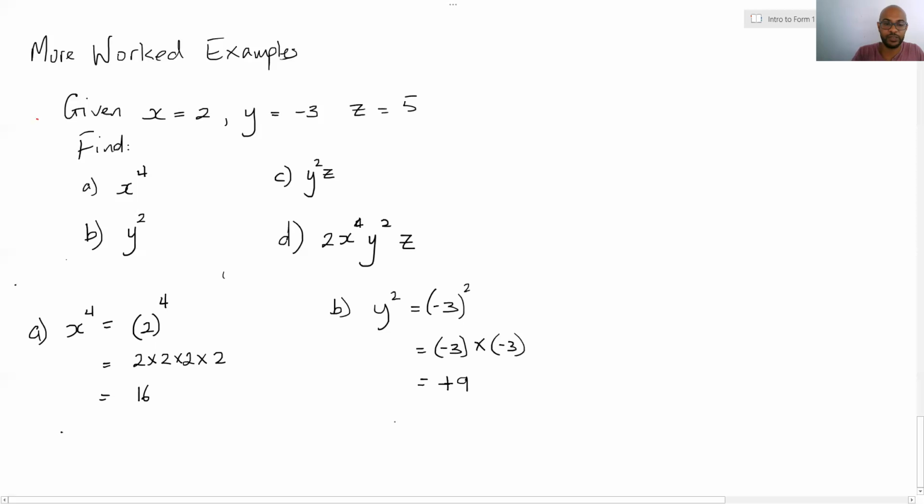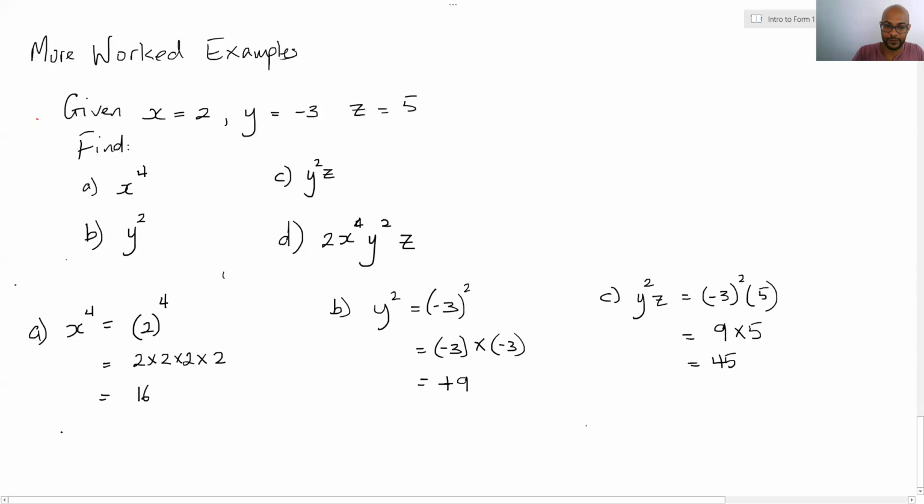You're going to get positive 9. C, we have y squared z, we're combining them now. So you're going to get negative 3 squared, and the value of z is 5. Negative 3 squared we worked out to be 9 before, multiplied by 5 is going to give me 45.